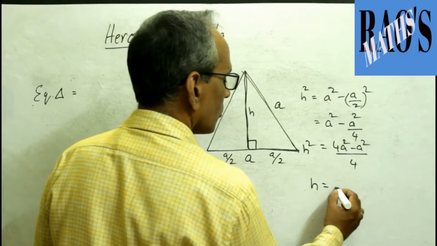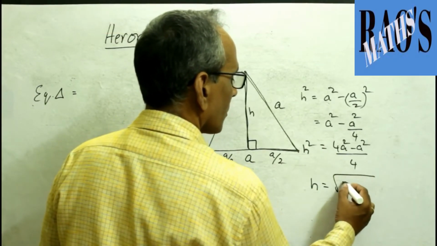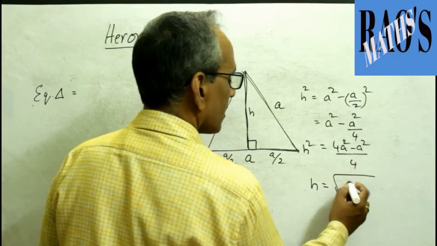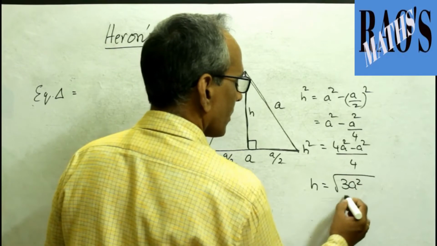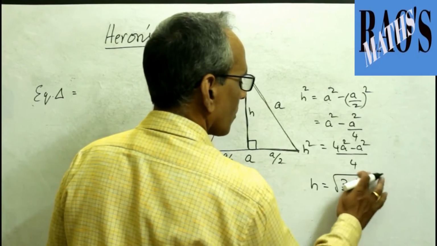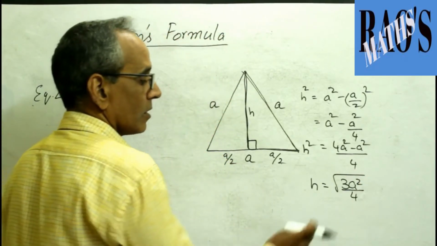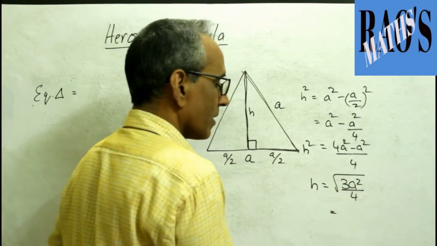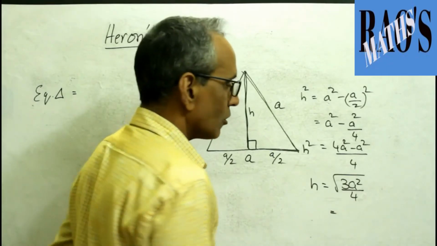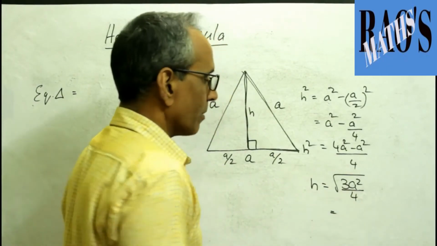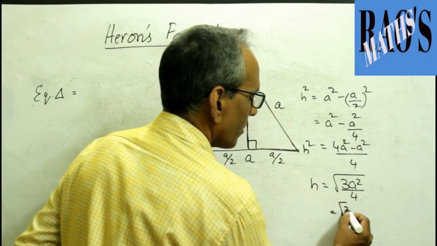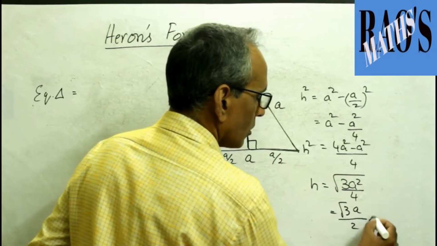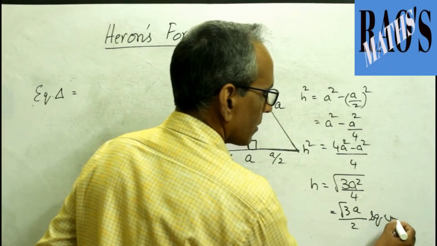So h is equal to root of 4a square minus a square, that is 3a square by 4. Out of the values under root, a square has a square root, that is a. 4 also has a square root, that is 2. Root 3 is an irrational number, it has no square root. So it is root 3 a by 2 units.